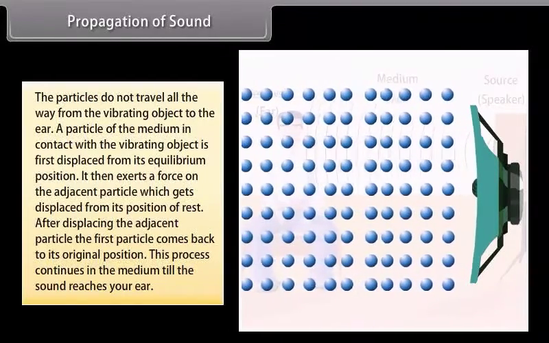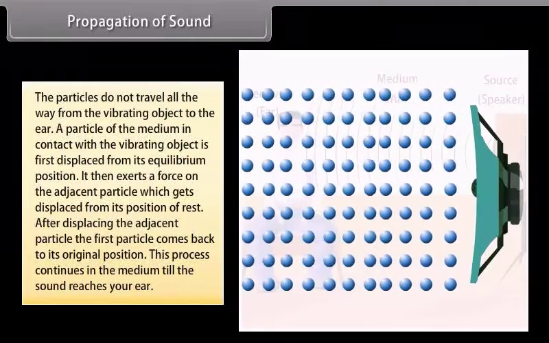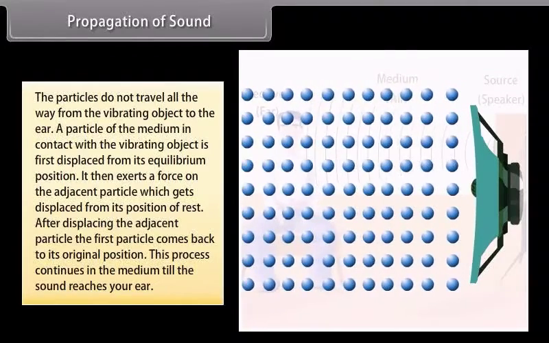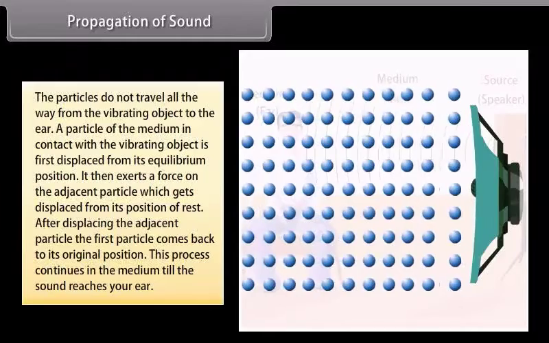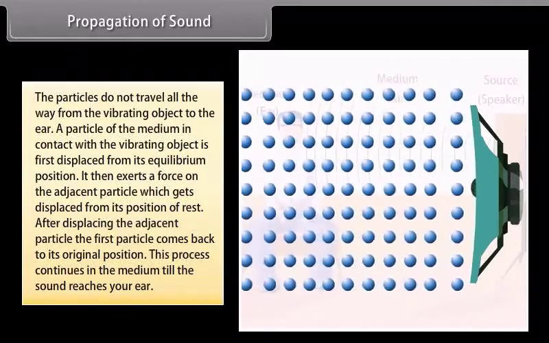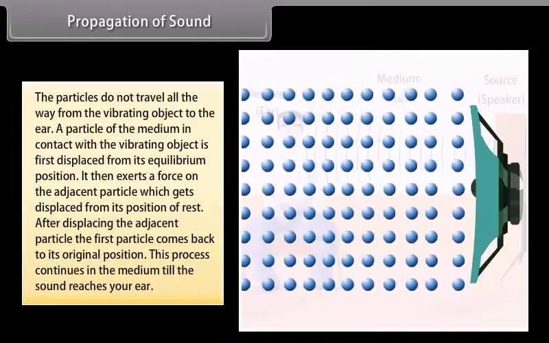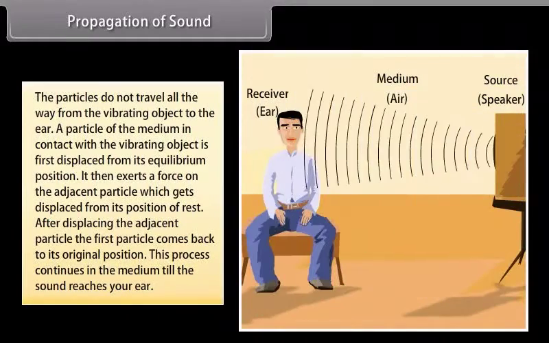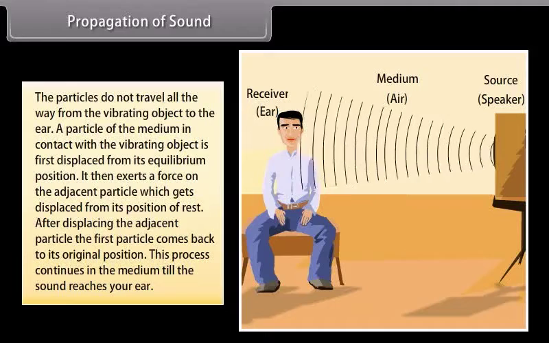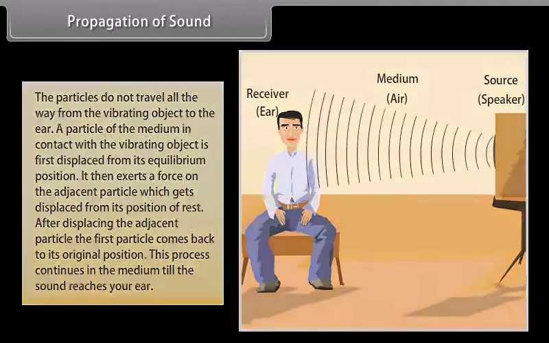It then exerts a force on the adjacent particle, which gets displaced from its position of rest. After displacing the adjacent particle, the first particle comes back to its original position. This process continues in the medium till the sound reaches your ear.